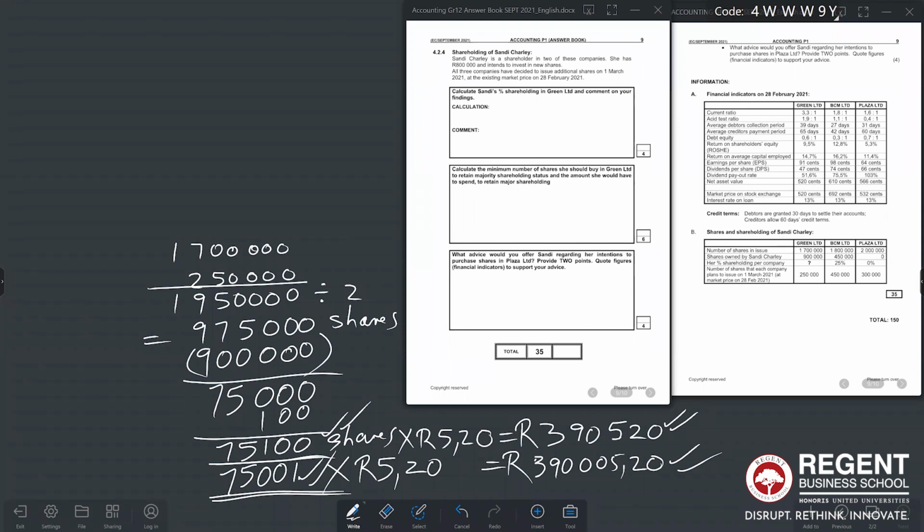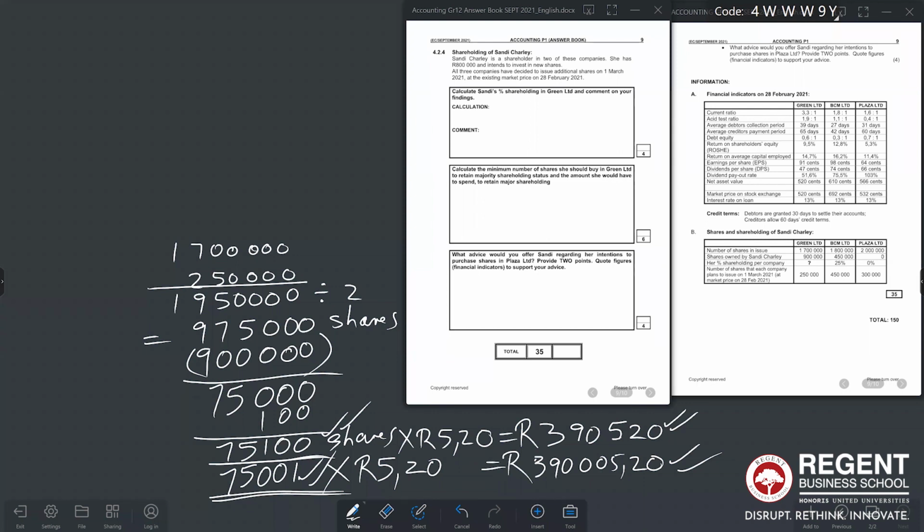Now, if you look at Plaza Limited, what you need to look at is what is the market price of the share on the JSE? The price is 5 rand 32 cents. What is the net asset value, NAV? That's another ratio that's extremely important that you must look at.